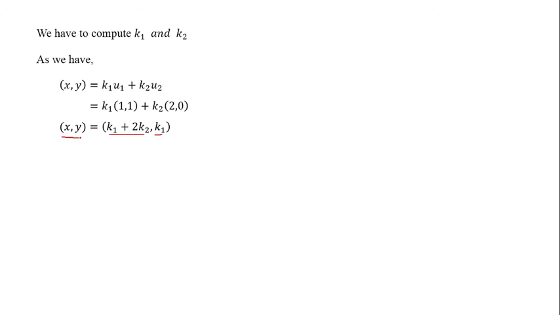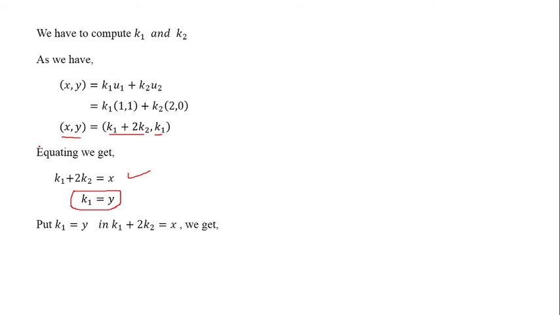Equate these ordered pairs: k1 plus 2k2 is x and k1 is y. So we already have k1 is y. Put k1 equal to y in this equation and find k2. You will get k2 is (x minus y) divided by 2, and thus k1 is y and k2 is (x minus y) divided by 2.